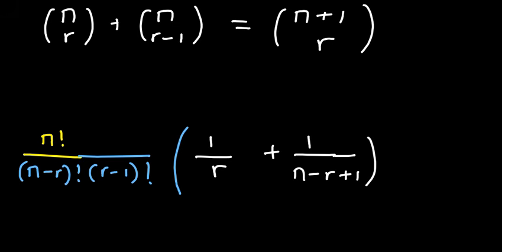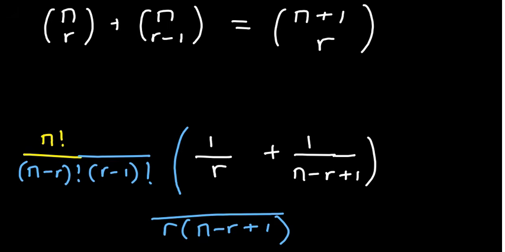So at this point, we can try to simplify what is in the brackets. Of course we understand we need to come up with a common denominator and all that. So what's a common denominator if we were to look at the two there? So we have r multiplied by n minus r plus 1.